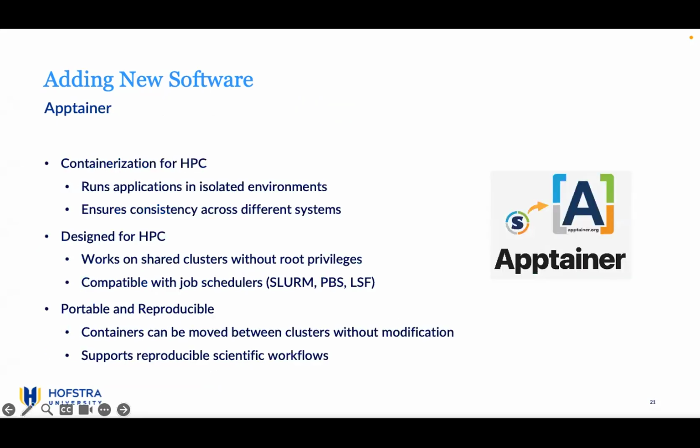And the last way is using Apptainer. It's a containerization system for HPC, and you can run applications inside containers. It's very close to Docker, the containerization system. You can convert Docker images into Apptainer images and run them.